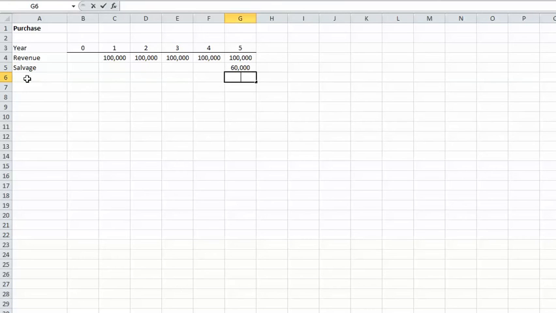Then we are going to have the operating cost, which was minus $20,000, minus $25,000, minus $30,000, minus 35, and minus 40.